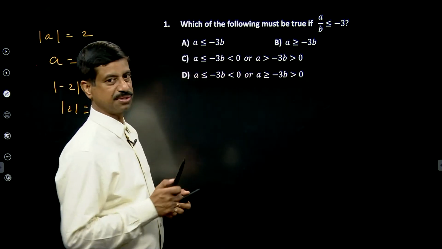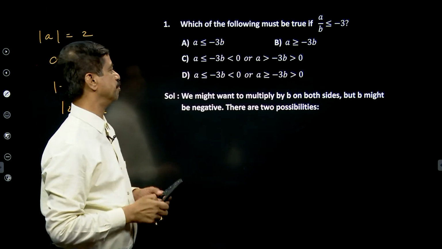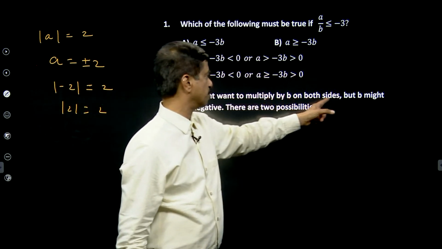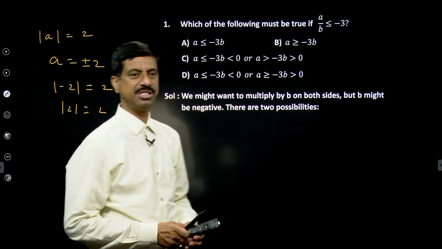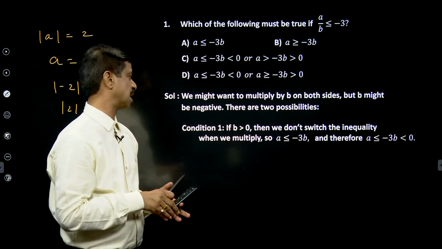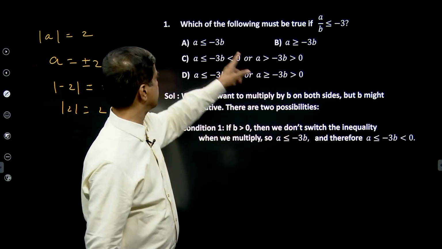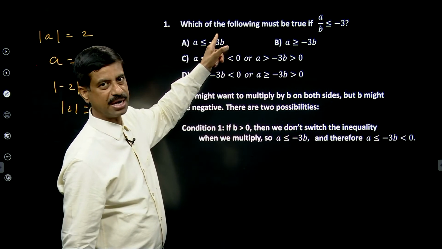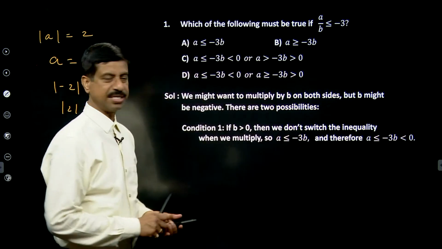Now look at this, when will this happen or when will this happen? We might want to multiply by B on both sides, but B might be negative. If B is negative, then there are two possibilities. B is positive, what happens? B is negative, what happens? If B is positive, then directly A is less than or equal to minus 3B, and as B is positive, minus 3 into positive is negative, so less than 0, right children?